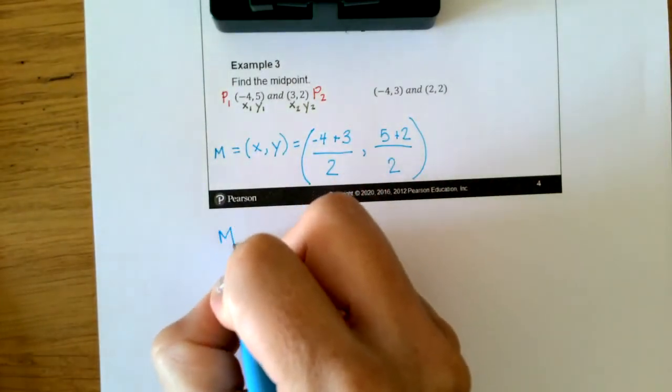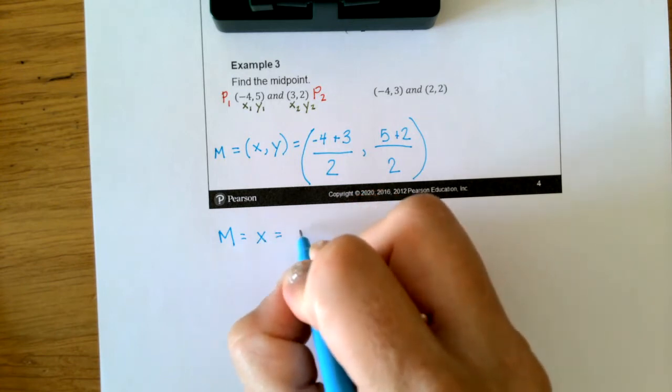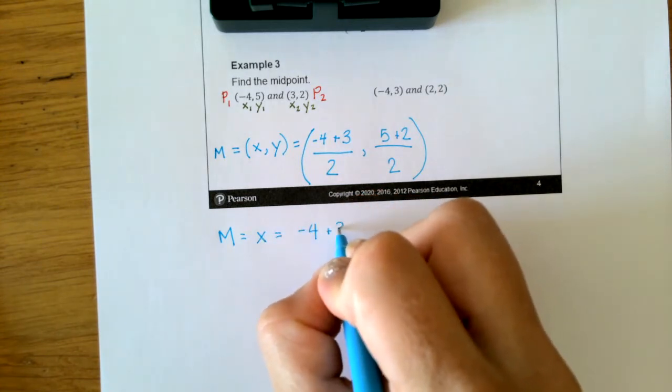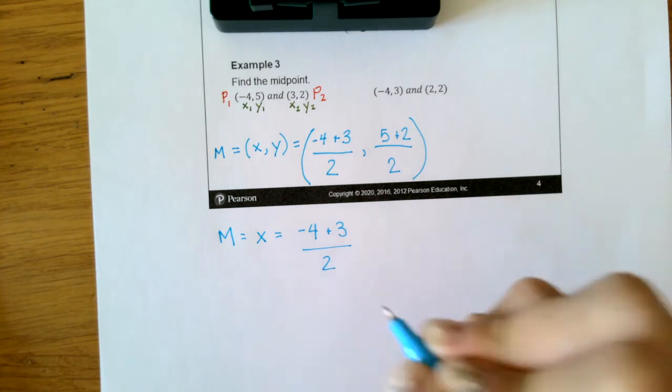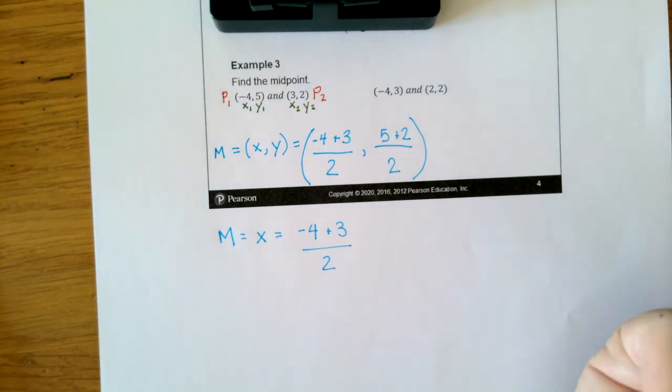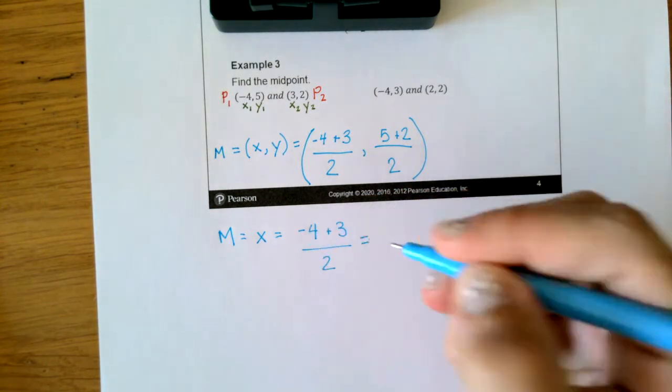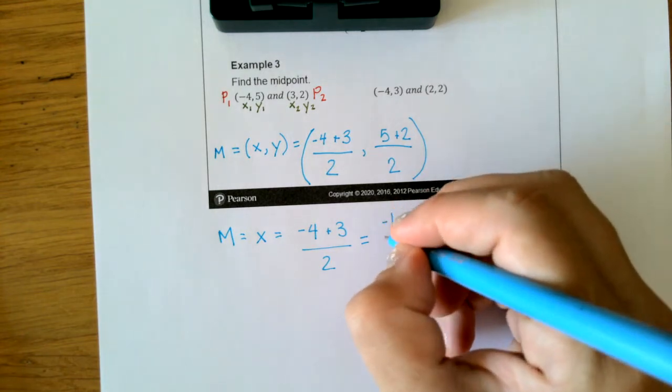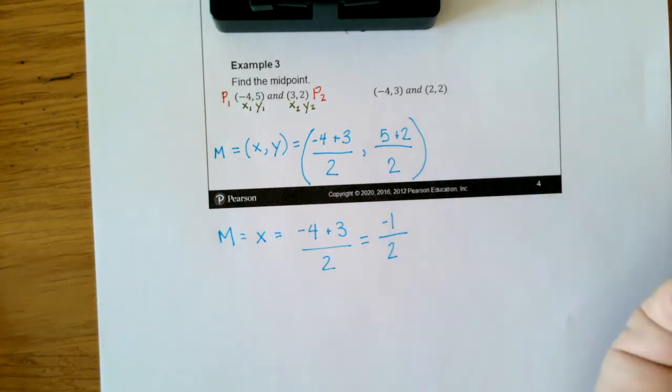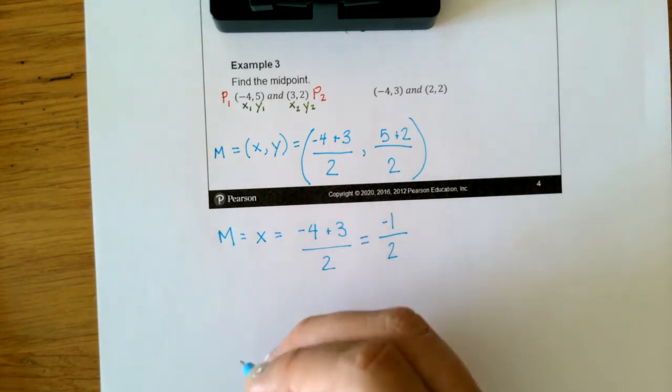So the midpoint of x is -4 plus 3 over 2, right? -4 plus 3 gives me -1 over 2. So x is -1/2, right?